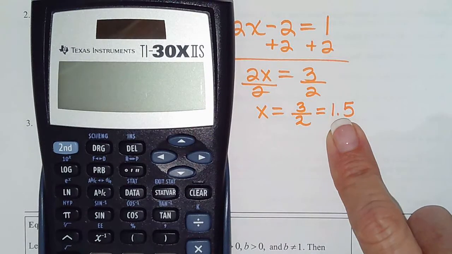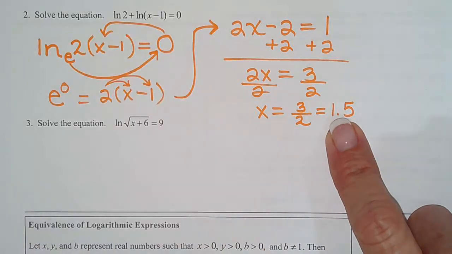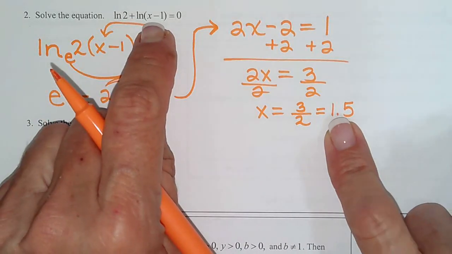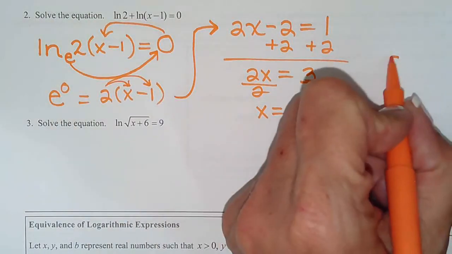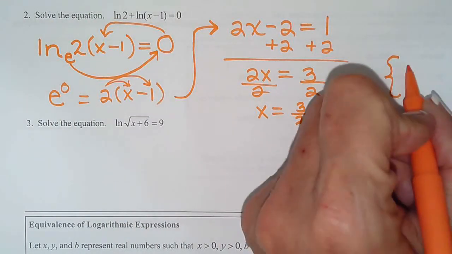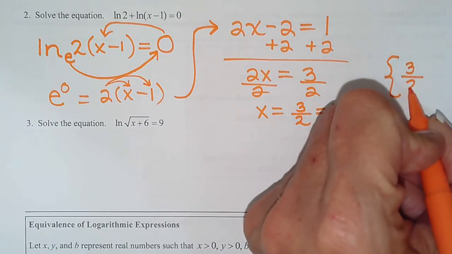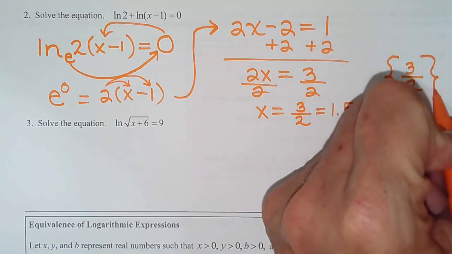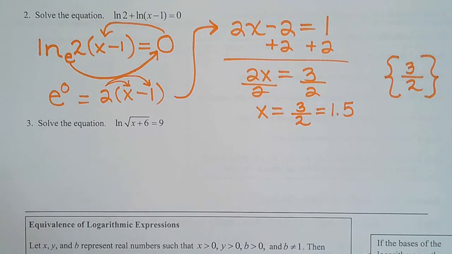You can do it in your head. 1.5 minus 1, that's a positive number, 0.5. So as long as it makes it positive when you plug it in, that means it's a valid solution. So you could write 3 halves, you could write 1.5. Any of those would be correct. But it was easiest to plug it in that form, so that's why I changed it to 1.5.